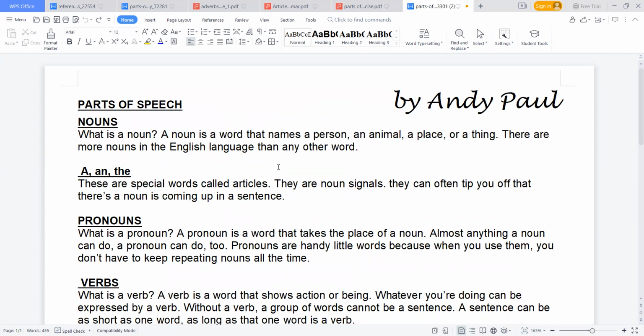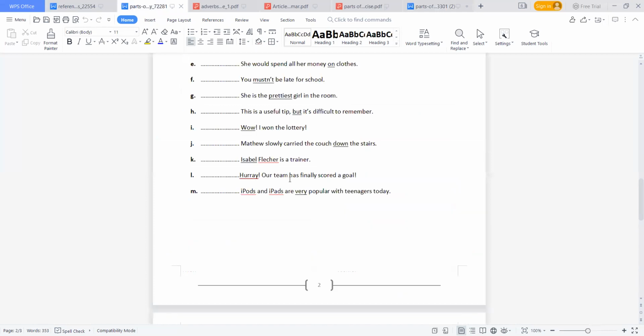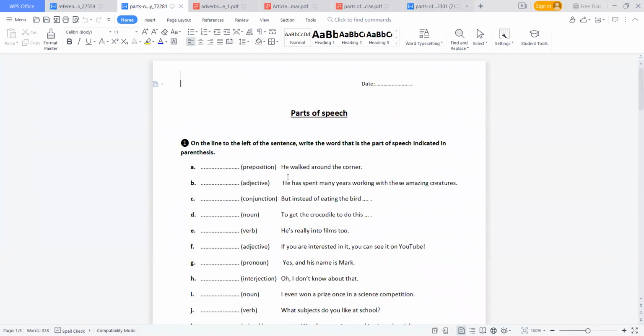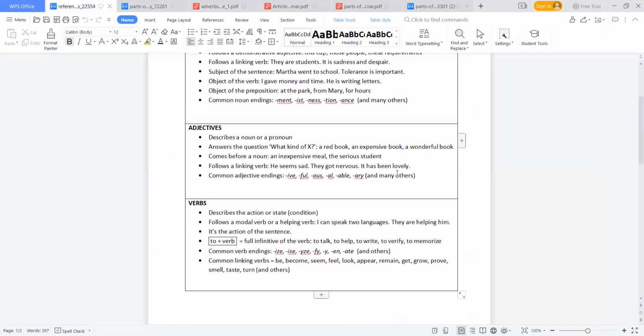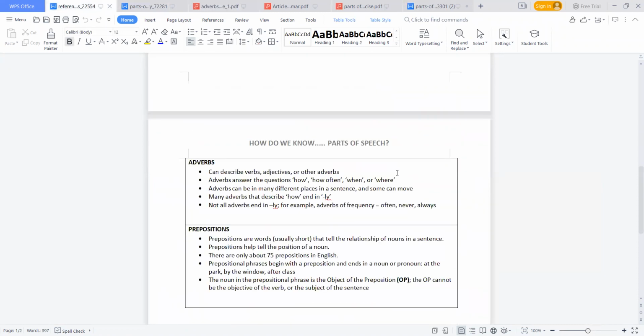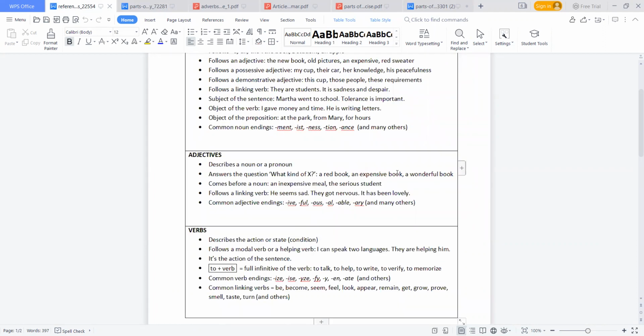So let's start with some practice. These are very deep concepts.